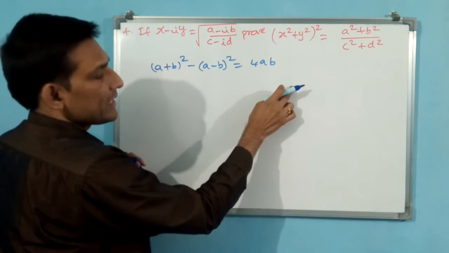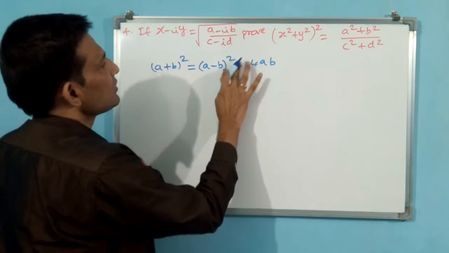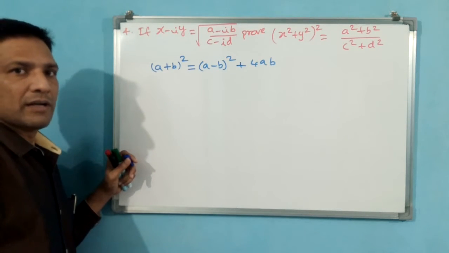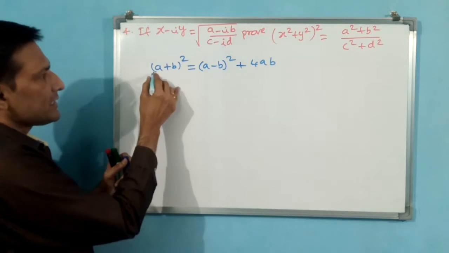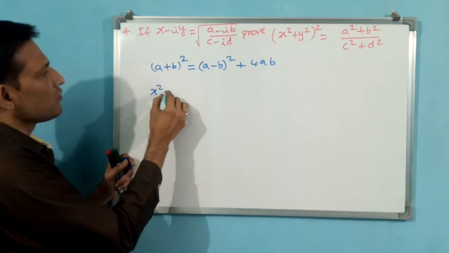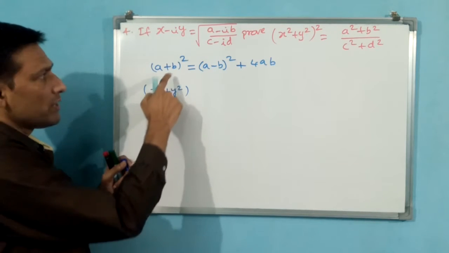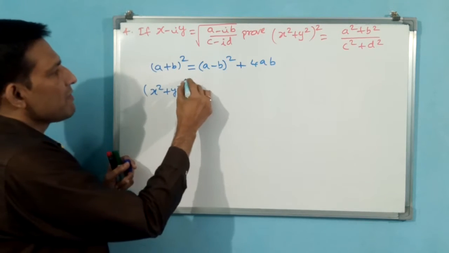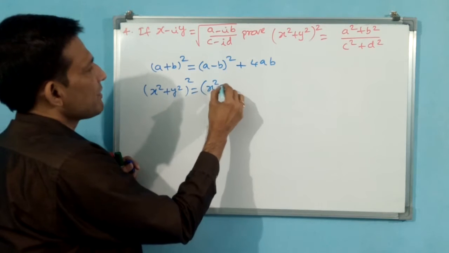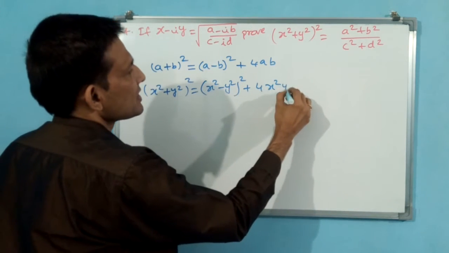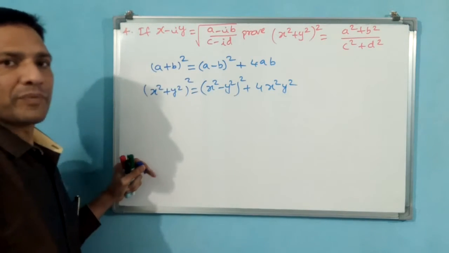Okay, this also you can write, sending that side, (a plus b) whole square is equal to (a minus b) whole square plus 4ab. See, rather than a, I am writing x square, and rather than b, y square. That means a as x square, b as y square. Everywhere you have to change a as x square, b as y square. Is it correct?